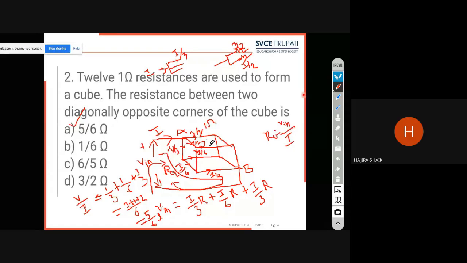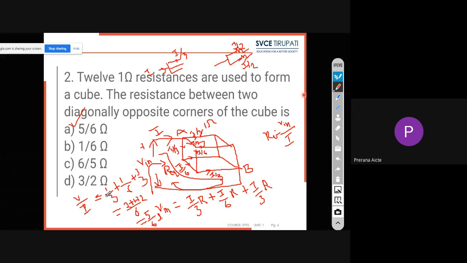Now, what is this branch current? Here I by 6 is coming to this point, and I by 6 also is coming to this point. Sum of entering currents equals sum of leaving currents. So what is this value? I by 6 plus I by 6 is I by 3.